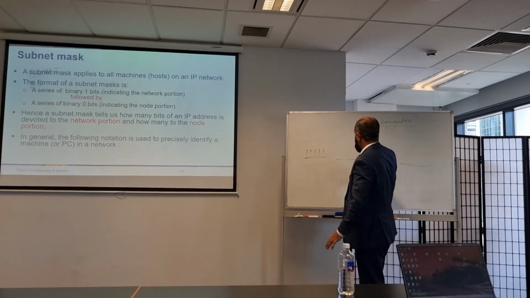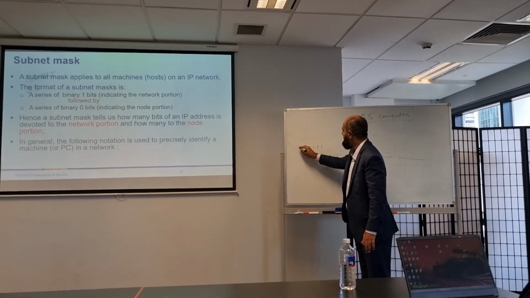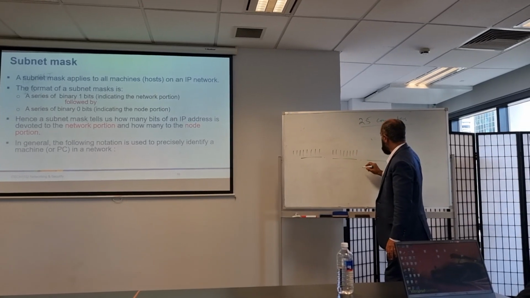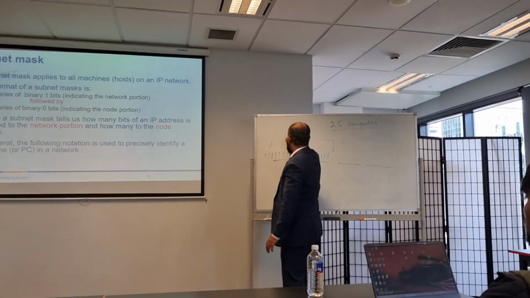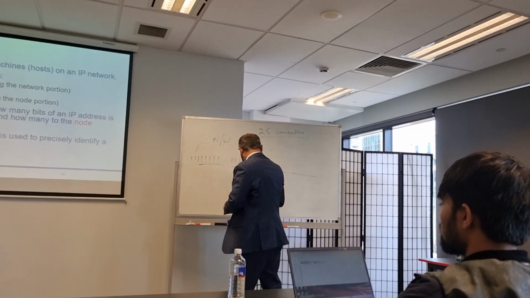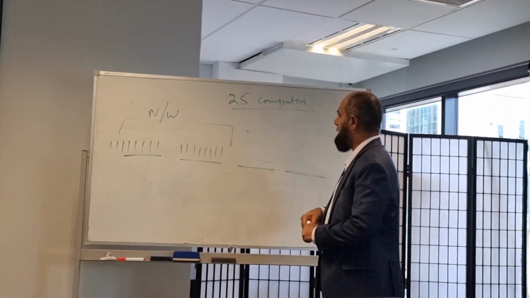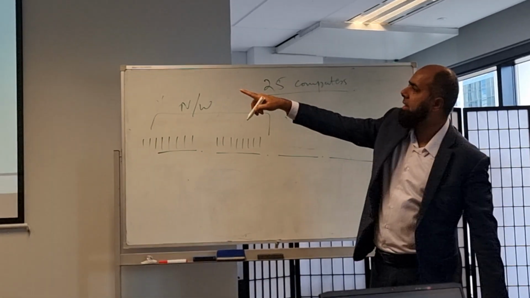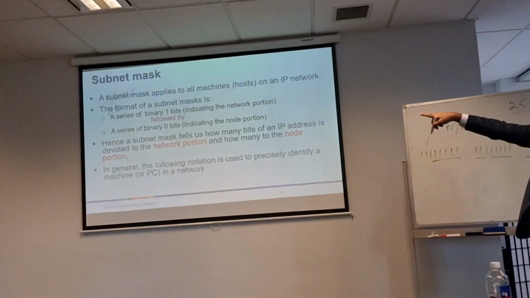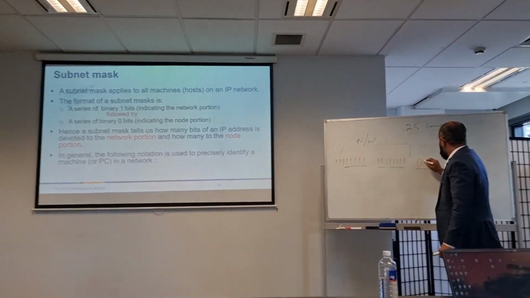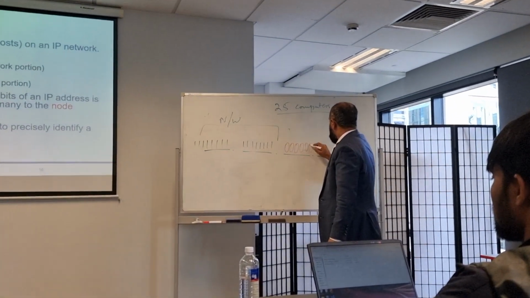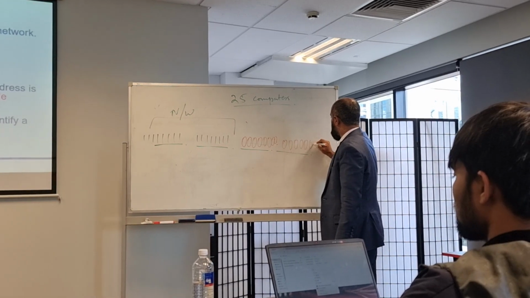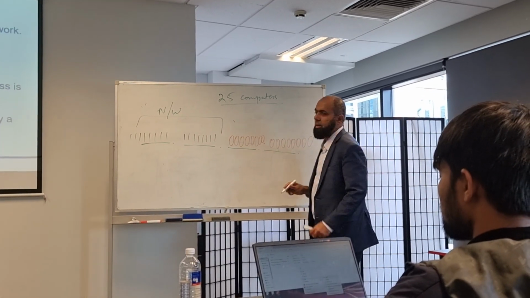Let's say this is the network portion, 8 bits, 8 bits. And this one is the node portion, a series of binary 0 bits, 8 bits, 8 bits.